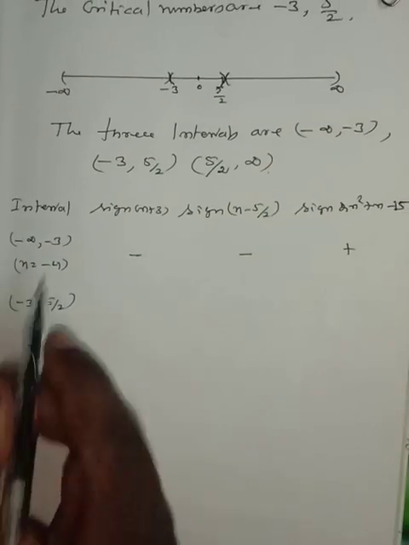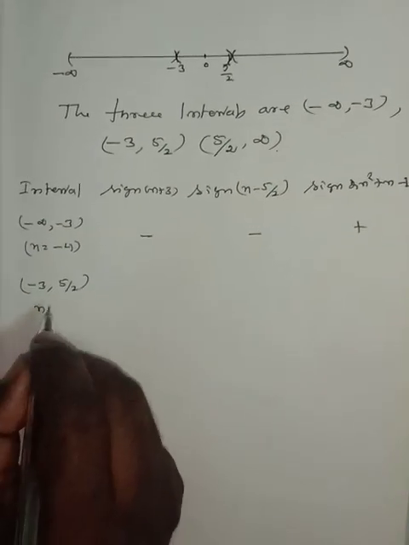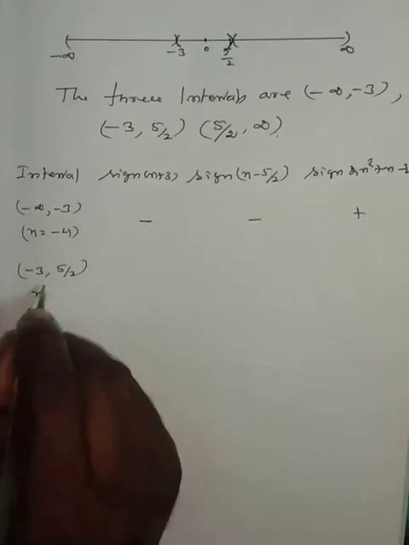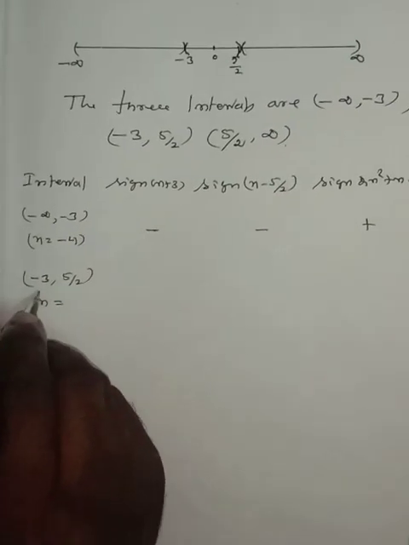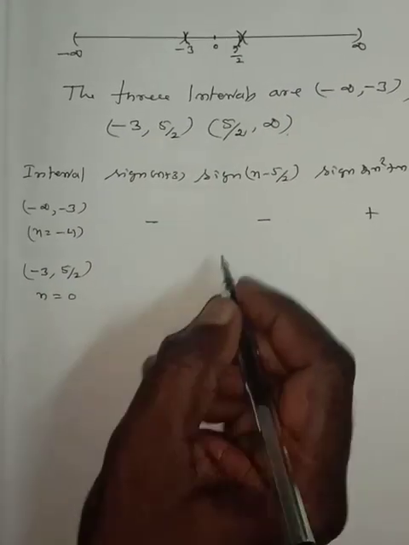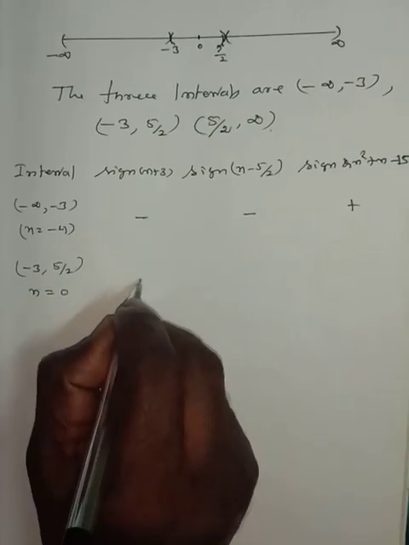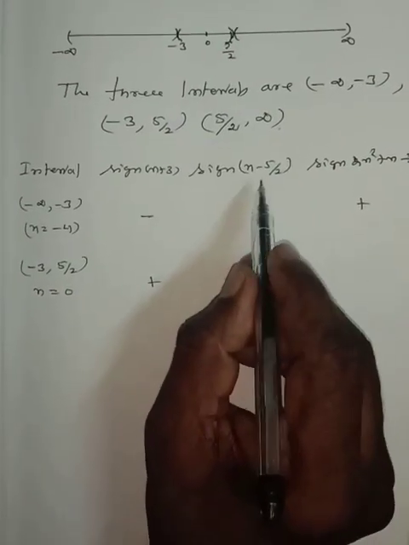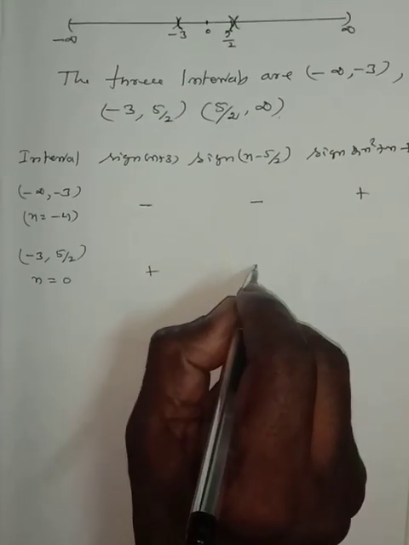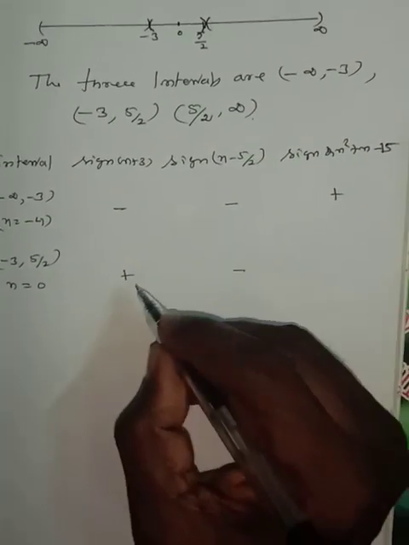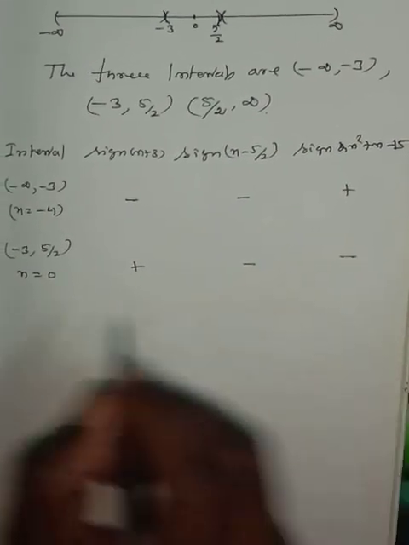Take x = 0. For x + 3 we get positive, and for x − 5/2 at x = 0, negative sign. Positive into negative is negative.